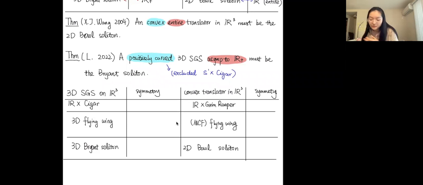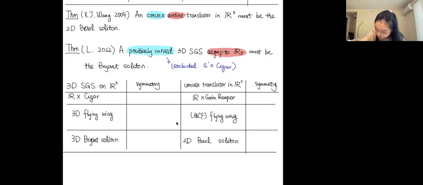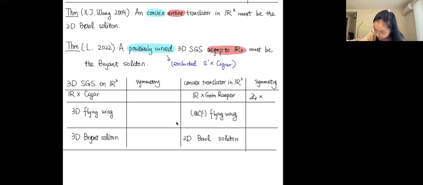Now that these translators are classified, we know the symmetries are clear. This first one is Z2 symmetric.